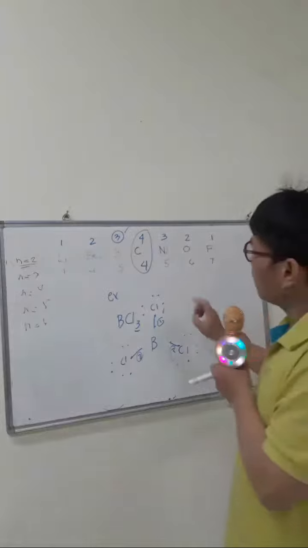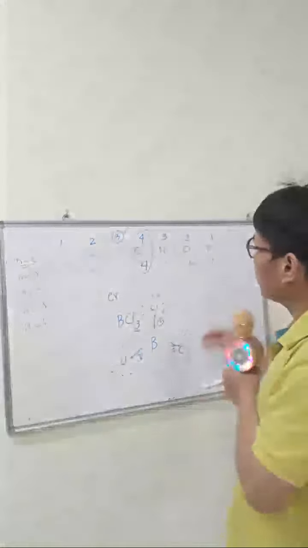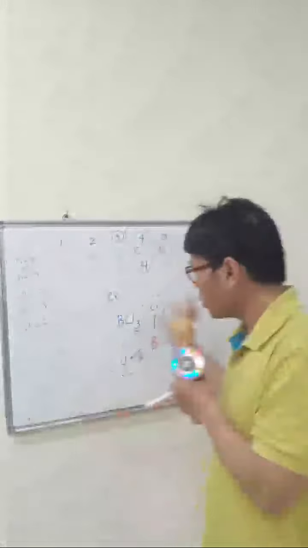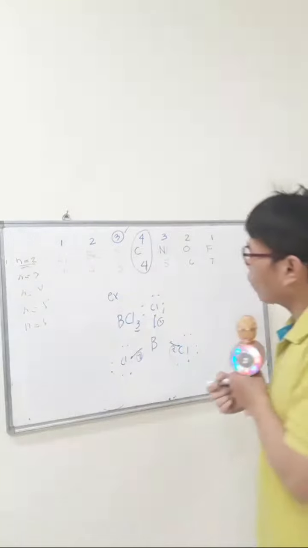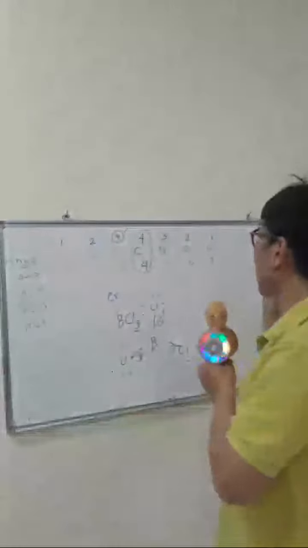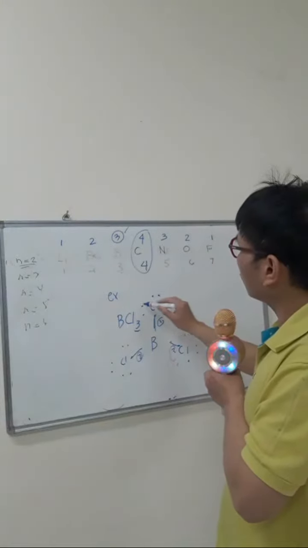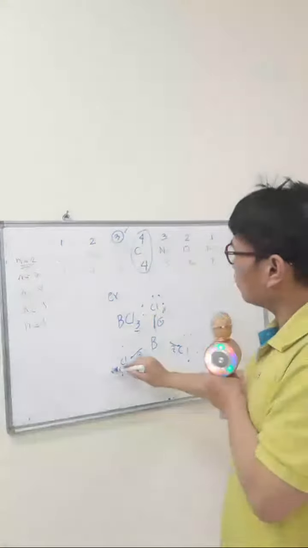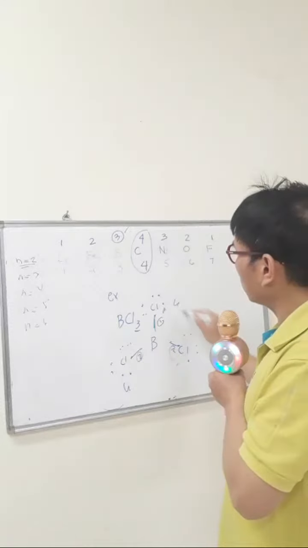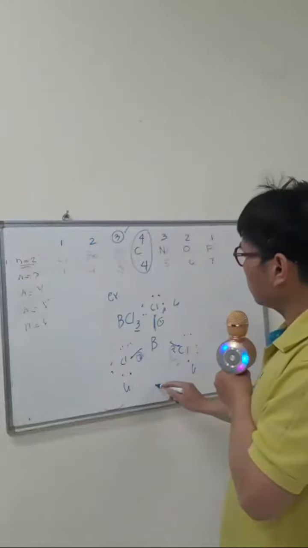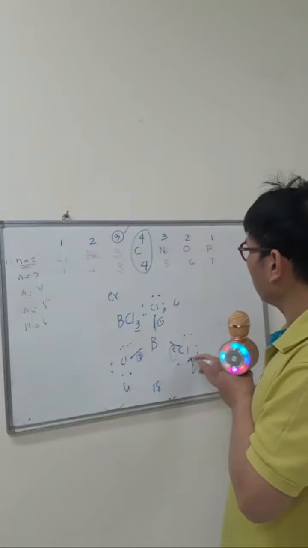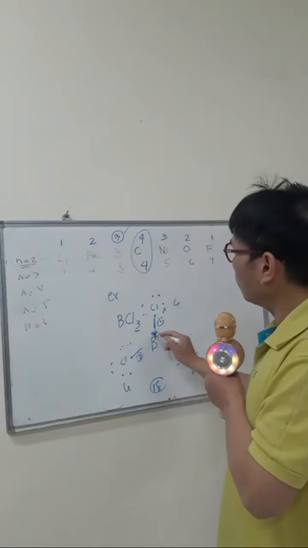So 6 times 3. Sakto ba? Yes. Itulungan siya kasi with 7 siya, 24. Again, we count. 1, 2, 3, 4, 5, 6. 6, 6, 6. Diba? So 18. Now, ang boron is completely shared.